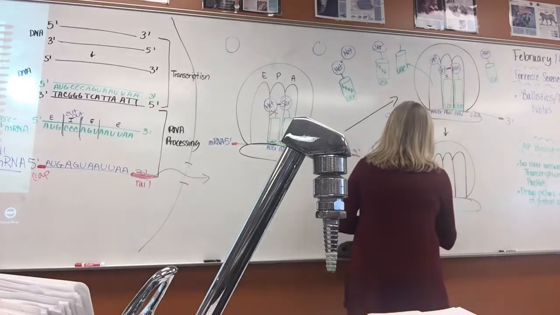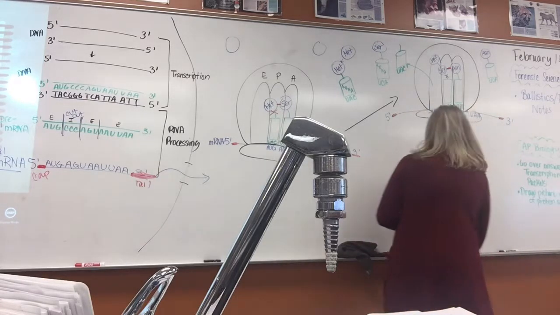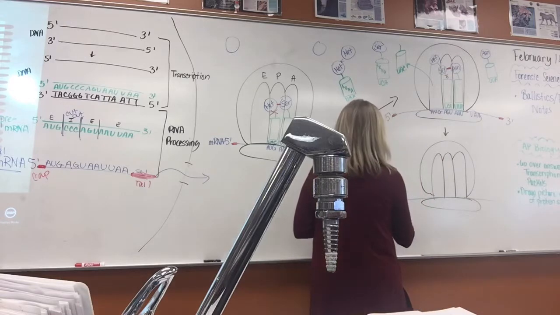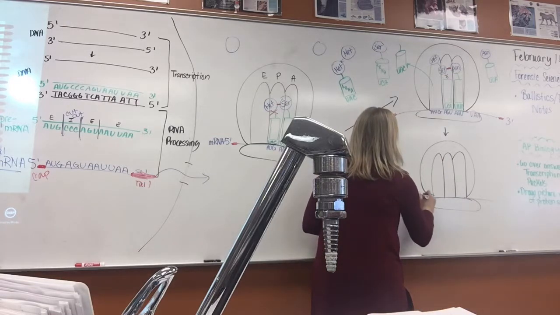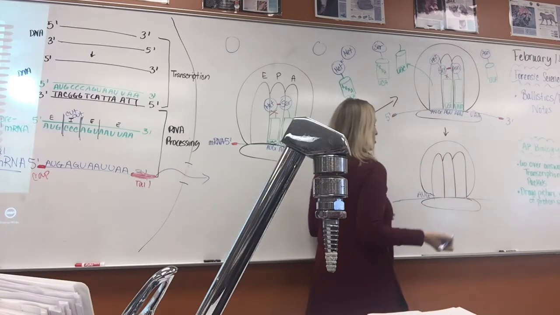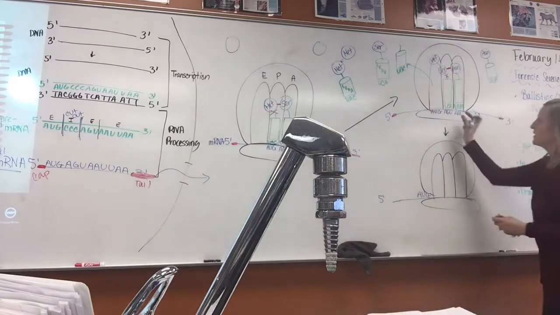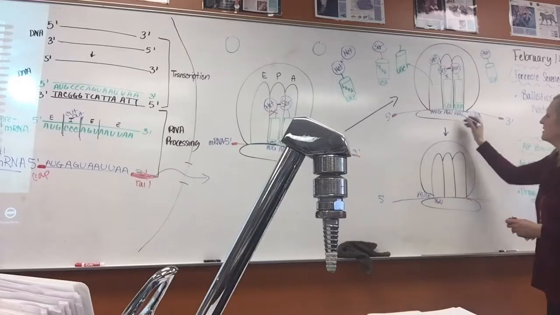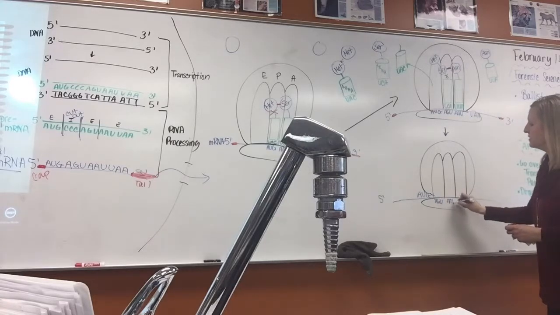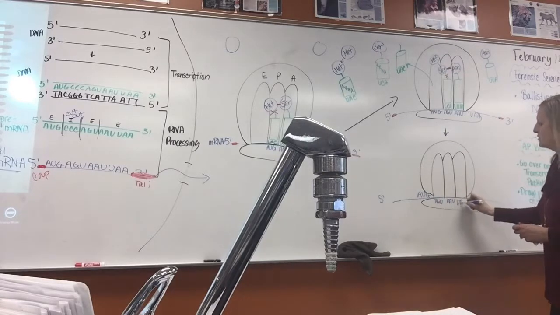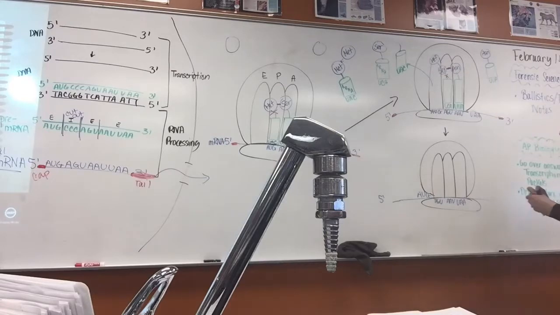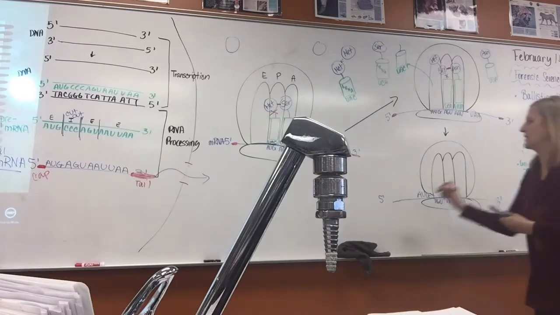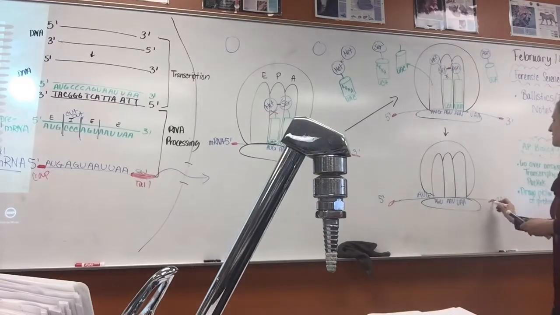So if I draw my mRNA here, this was the 5' end, AUG has now done its job, and so it's not in any site here. The AGU is now in this site. The AAU is in this site, and now UAA is in this site. Okay? So this is the 3', and then we still have the cap and the tail, all right?